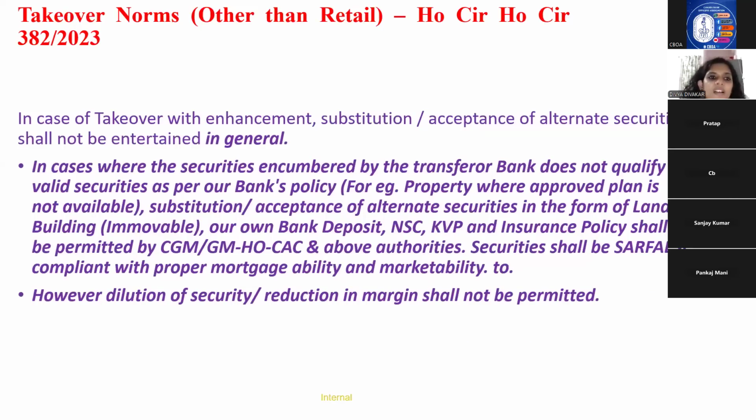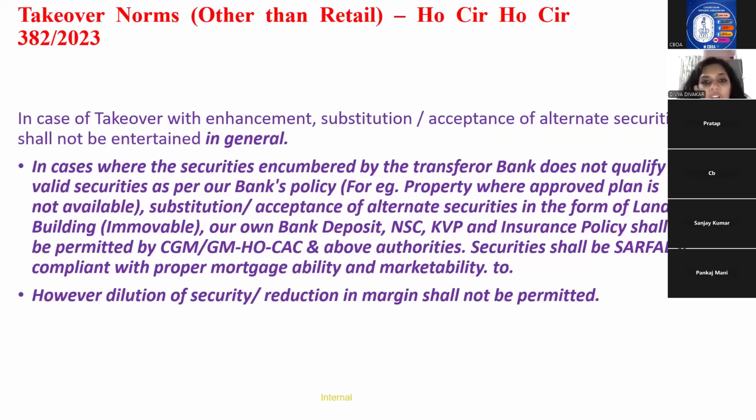Normally, with enhancement also, there shall not be any substitution or acceptance. We told that if it cannot be complied with at all, in a case where the securities encumbered by the transferor bank do not qualify as valid as per our bank policy, for example plan approval is not there, we want plan approval, right?